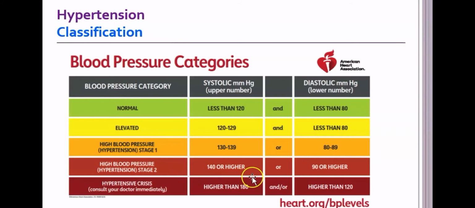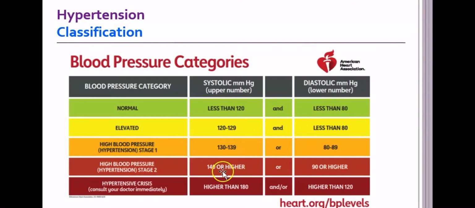And as you can see here, this is "or." So if your systolic is 145 but your diastolic is 80, this patient is still considered stage 2. And as you can see here with these first two, normal and elevated, that's "and." So you need to see both of those.